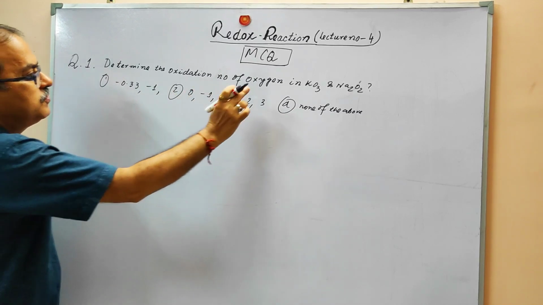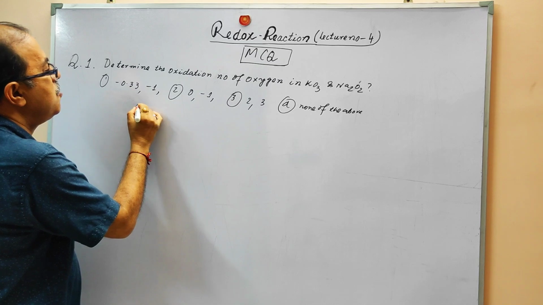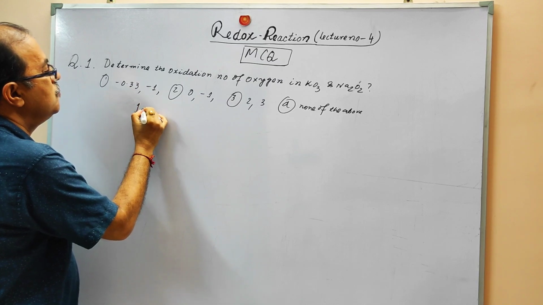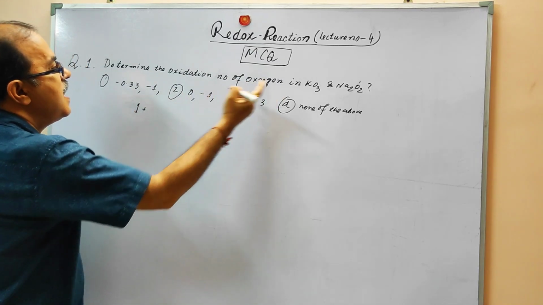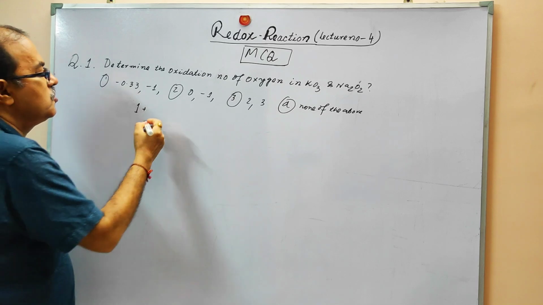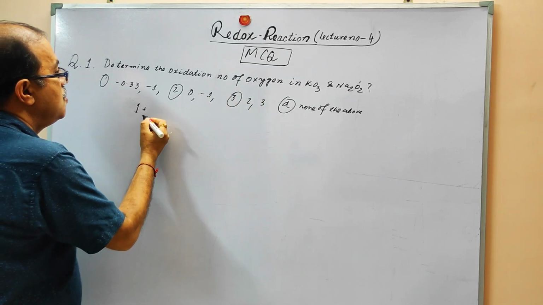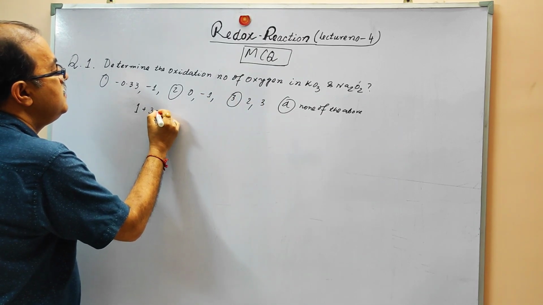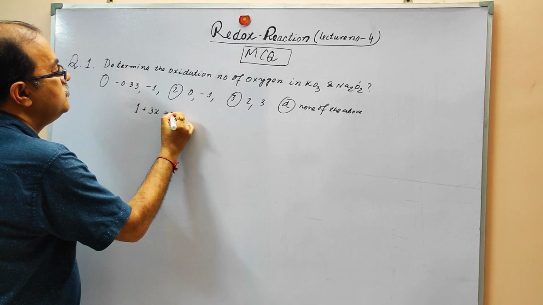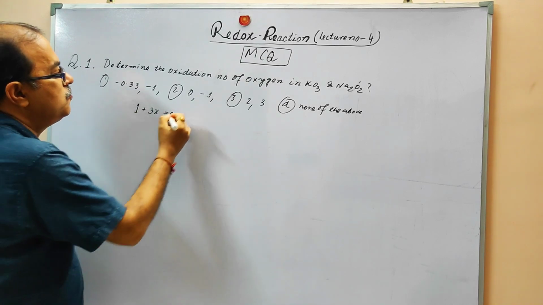First we put the oxidation number of potassium as 1, and X is the oxidation number of oxygen. So we can write 1 + 3X = 0, because it is a neutral molecule.